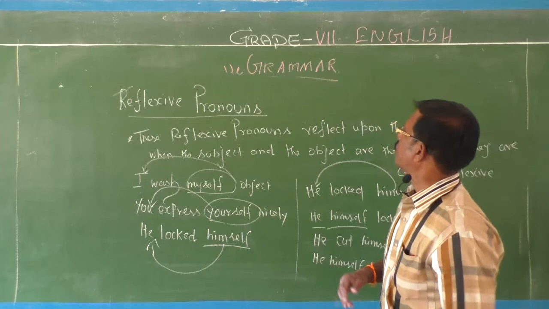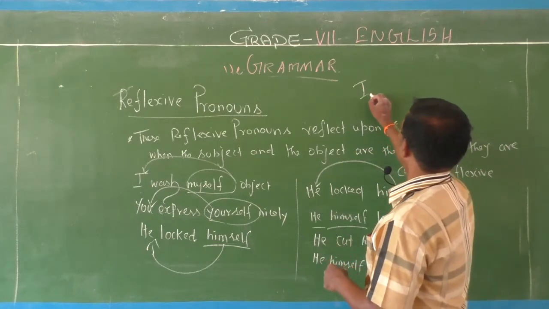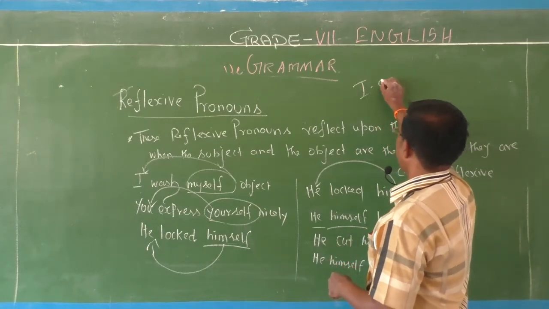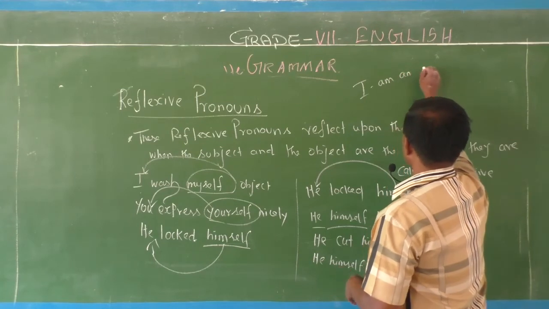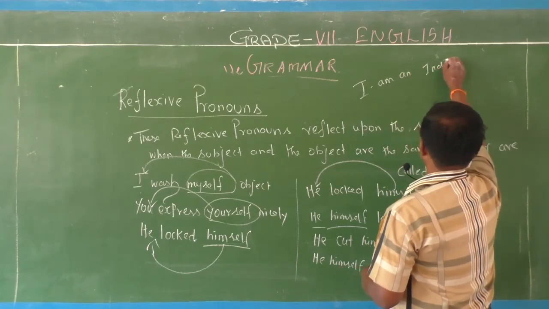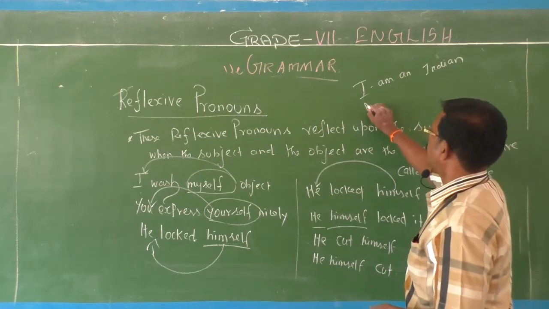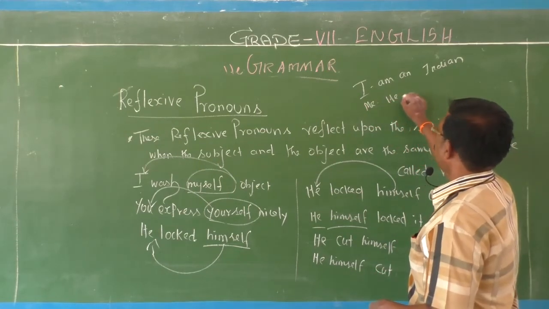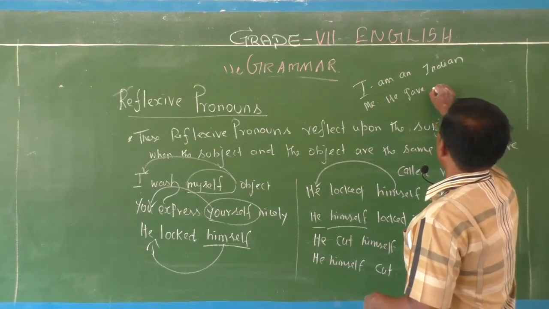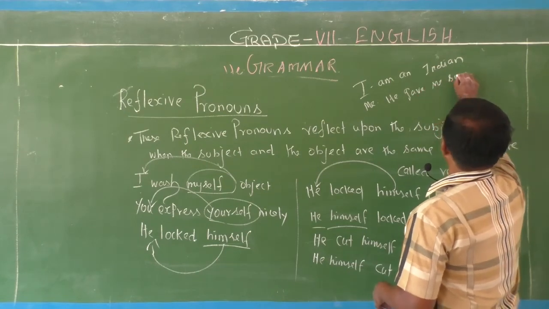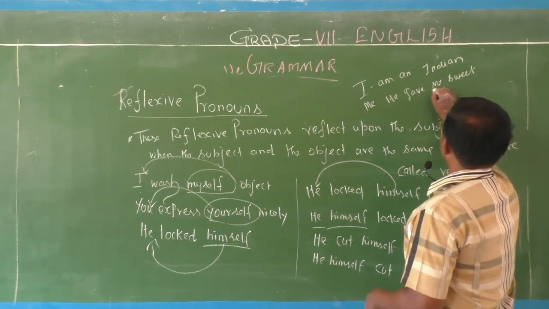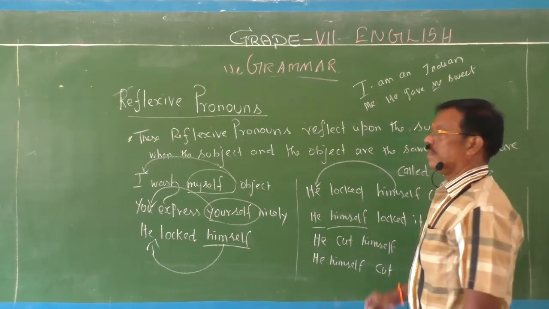See, for example, children, I frame one sentence. I am an Indian. So here, I. Then what's the object form? Me. He gave me sweets. So that's the object form. What's the possession?